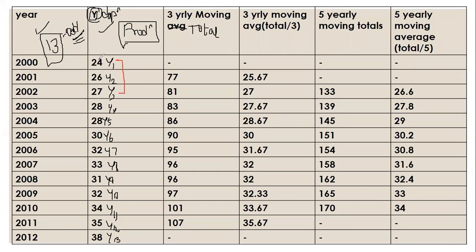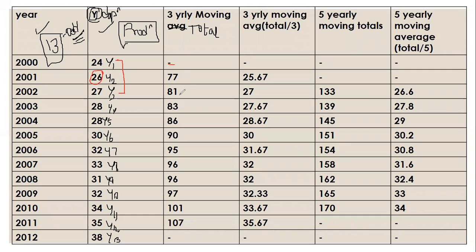Because for the three numbers, 26 is the middle or central number. So I write the total against the central number. We leave the first row blank and write the total in the row of the central number. So that is your first value.